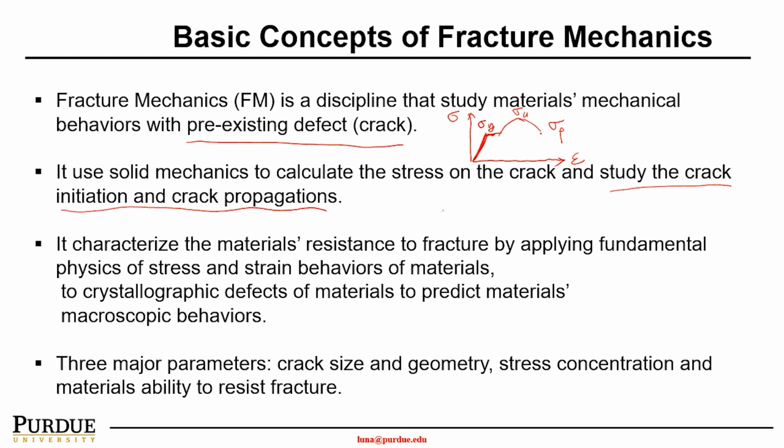The same thing with the geometry. What does the crack look like? Does the crack have a very sharp tip? Those are the important parameters. Next, stress concentration: how much the stress will concentrate in the crack, and particularly on the tip area. And the last one is the material's intrinsic ability to resist fracture, which is called the fracture toughness.